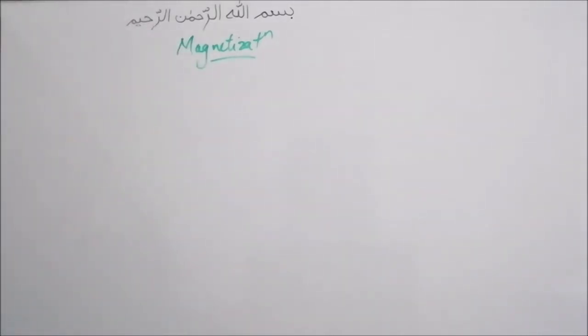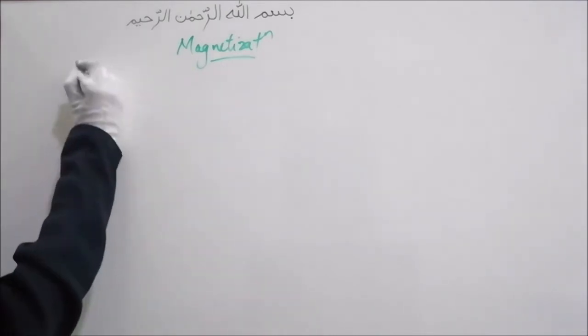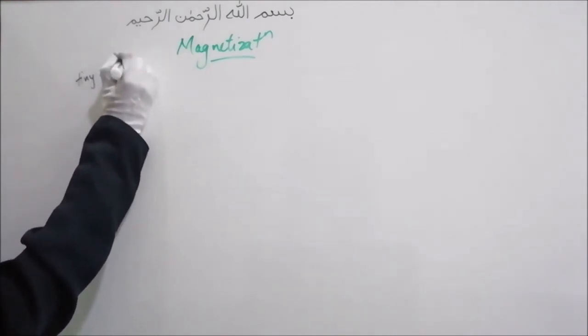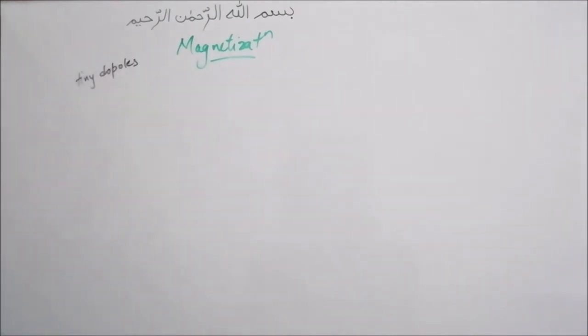When we take a material and place it in an external magnetic field, it will get magnetized. Magnetized means tiny dipoles with net alignment along a certain direction will be formed.